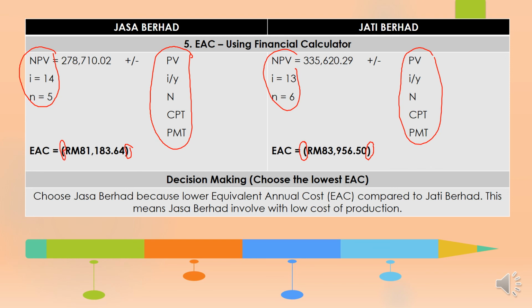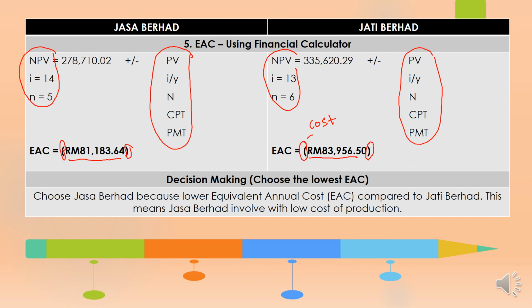So to make sure that your EAC answer is correct, you should write the answer in brackets because the brackets represent the cost of the machines for both companies, Jasa Berhad and Jati Berhad. Okay, so that is how you should calculate EAC and how you should write a correct answer of EAC.